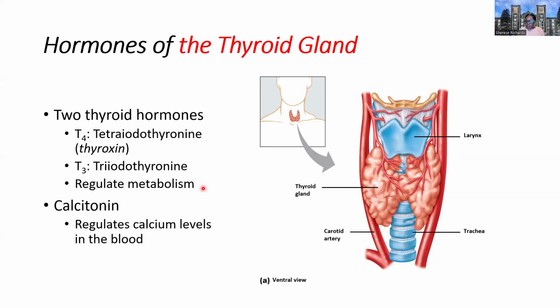So I'm going to give you an example of what this regulation with thyroid hormone looks like in order to really understand its function. So think about Graves' disease. Think about hyperthyroidism. These patients typically have a hyperactive metabolism. They have frequent sweating, frequent urination.